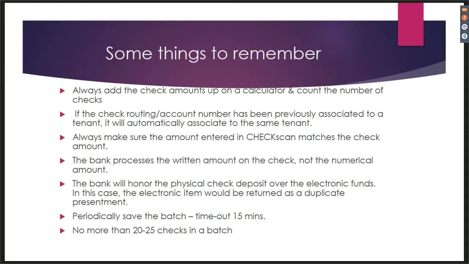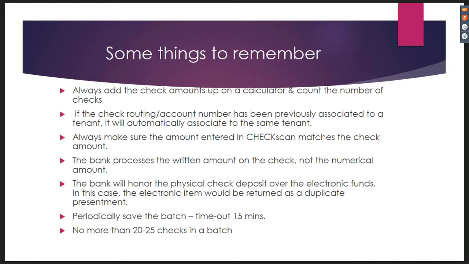2 more things. Periodically, when you're working in a Checkscan batch, periodically save the batch information. If you do not save it, it times out after approximately 15 minutes of activity without saving. If it does time out, you lose all the information that you've entered. So you want to just be sure that you save it.